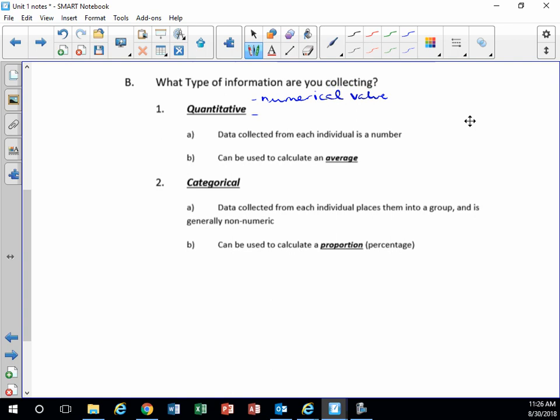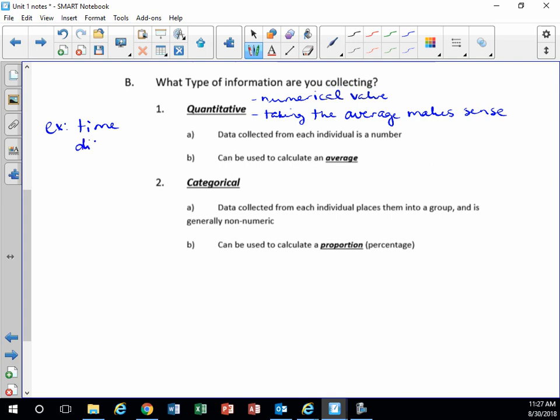If taking the average makes sense, it's probably quantitative data. So I would say taking the average makes sense. Kind of have that already right there. Okay. Some examples. Time is quantitative.